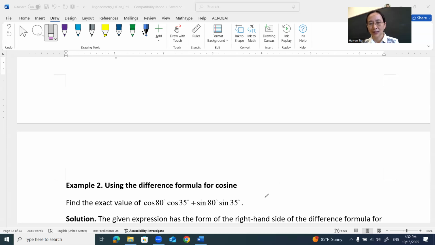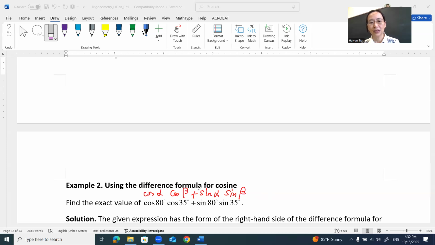So let's think this is just like cosine alpha cosine beta, where alpha is 80 degrees and beta is a 35-degree angle, plus sine alpha sine beta, right? Alpha is 80 degrees, beta is the 35-degree angle.